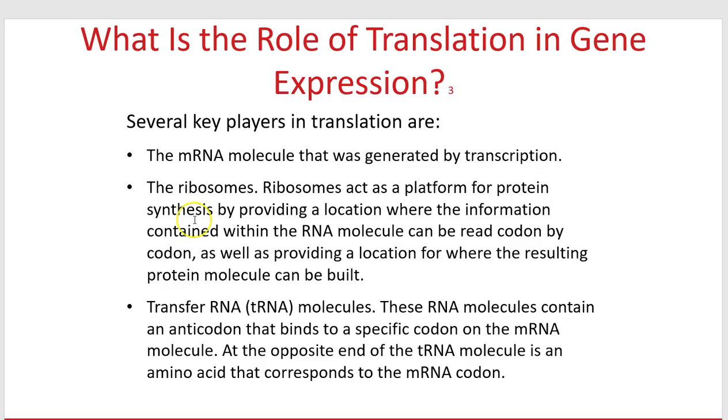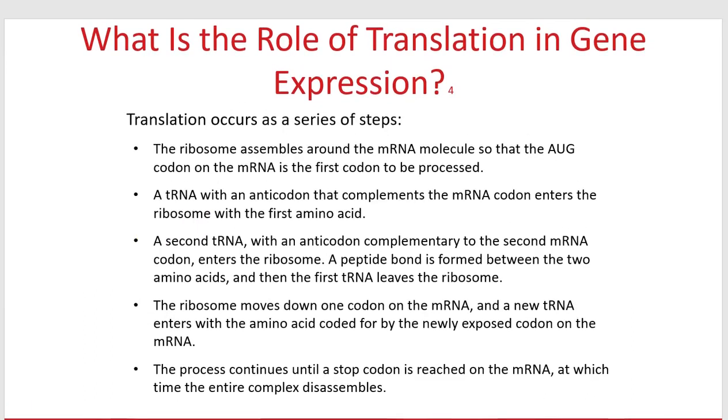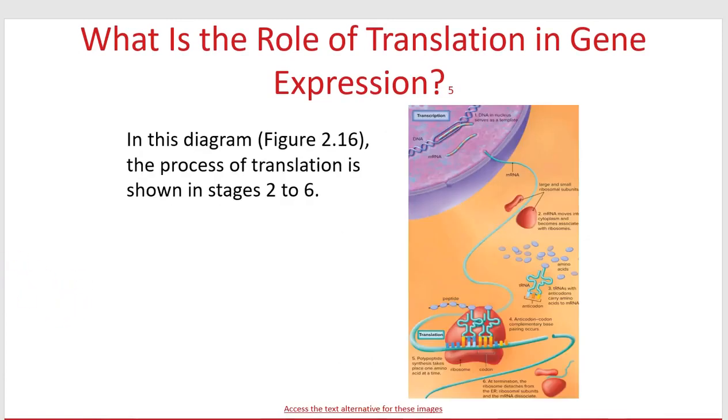So these are the words, and I want to get down here to the picture. Actually, it doesn't really show a nice picture, but this is translation here, where messenger RNA comes out. This messenger RNA will flow through this ribosome, going this way.